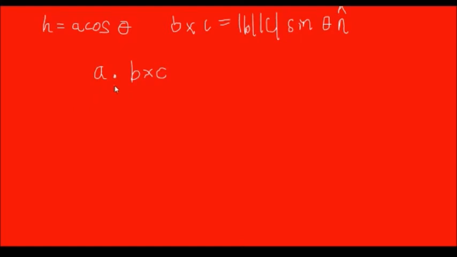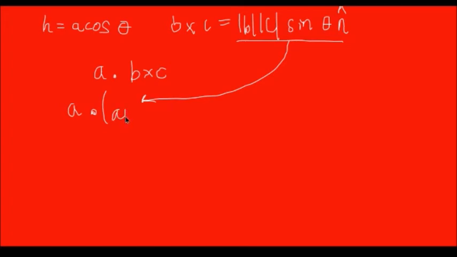And the reason for this is that if we do a dot b cross c, what we've actually got is a dot the magnitude of b times the magnitude of c times sine of the angle between them, which is the area of the base.